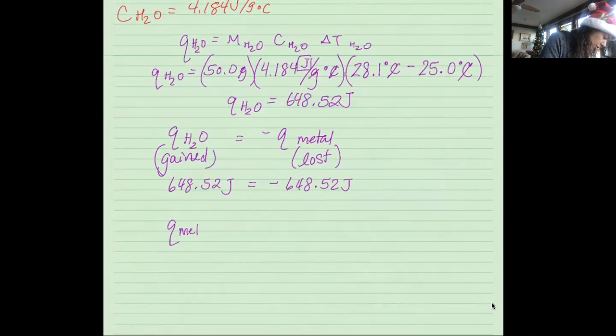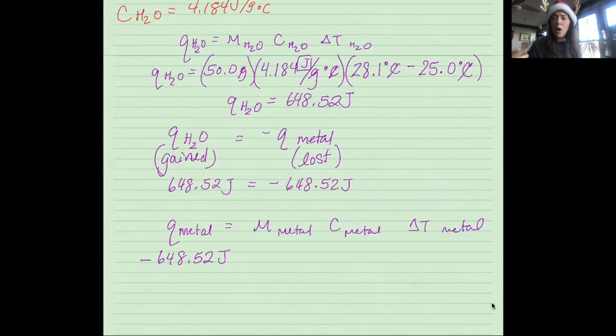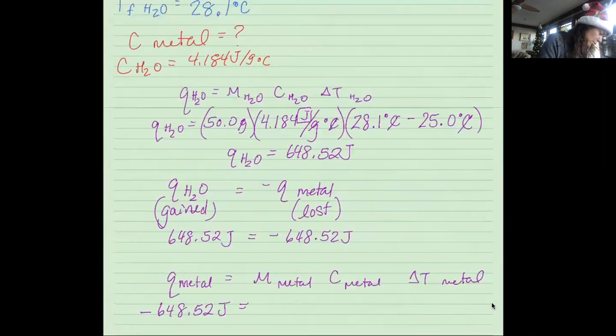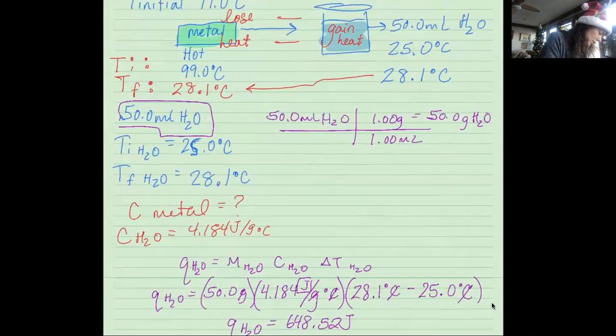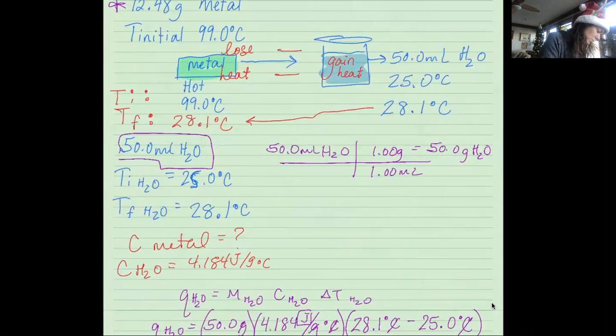So I can now say step 4, Q. Remember you could skip step 3. The heat of the metal equals the mass of the metal, the specific heat of the metal, and the change in temp of the metal. I know that the heat lost by the metal was 648.52 joules. That's because the water gained that much heat, and the heat gained is equal to the heat lost. I know that my mass of metal, according to my data chart, was 12.48 grams.